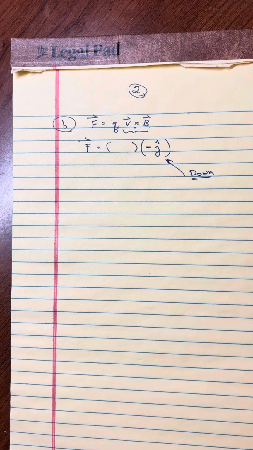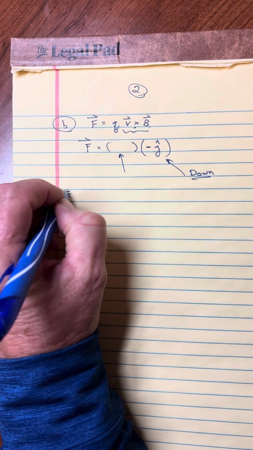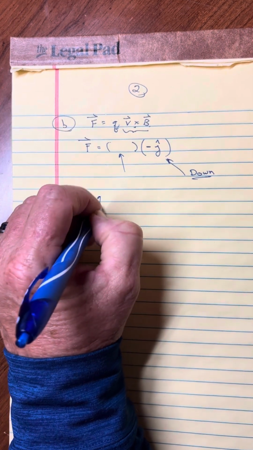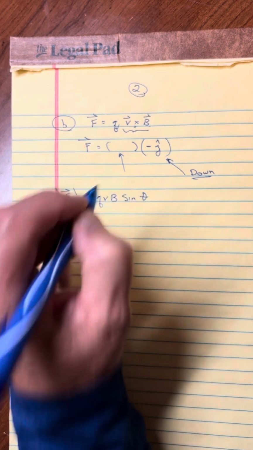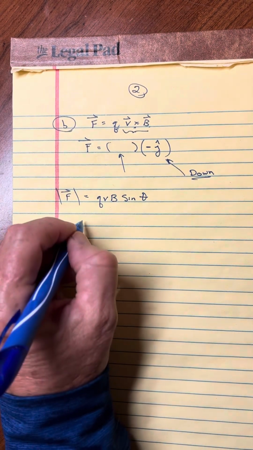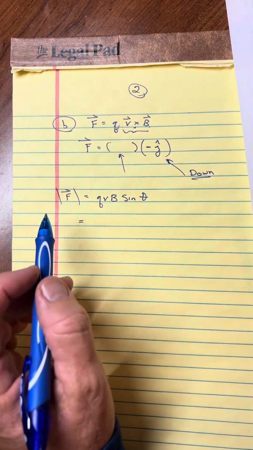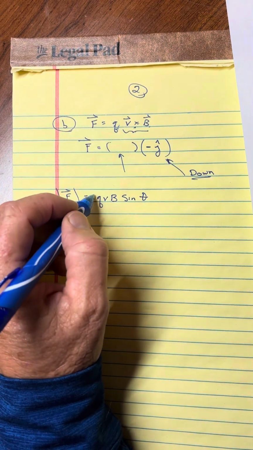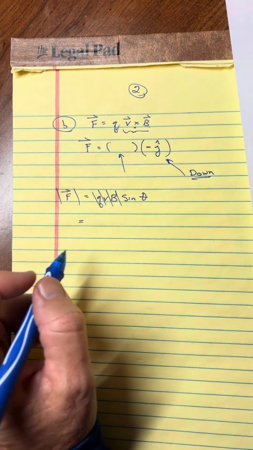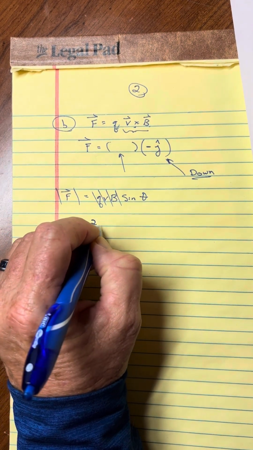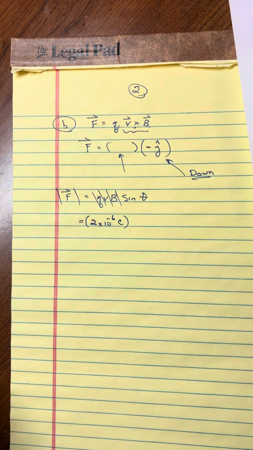We got the direction. Now we need to do this part here, which is its magnitude, okay? And so the magnitude of the force is q times V times B times the sine of the angle between V and B. And so the easy part, if you will, and I'll just say this is the magnitude, is to put the 2 times 10 to the minus 6 coulombs.